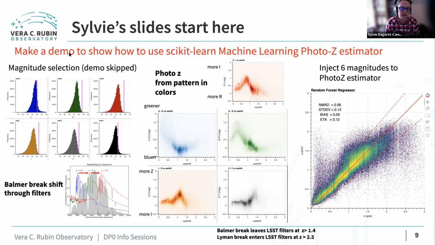So the goal is to make a demo to show how to use scikit-learn, the machine learning Python package, for photo-z estimators. The idea is to extract a set of galaxies with a magnitude distribution, with a selection of those objects.